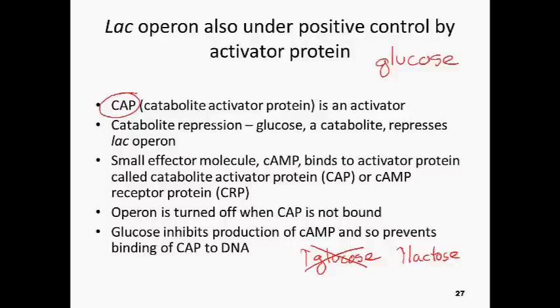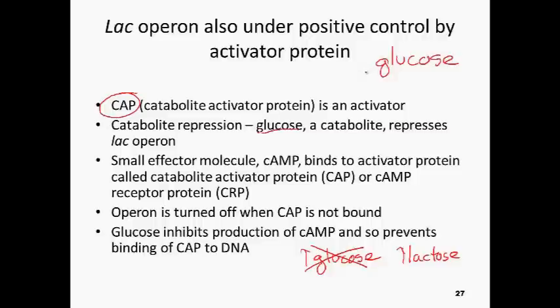See, there's catabolite repression that occurs here because as we said, when glucose is available, we don't want the lac operon to be on. So glucose-rich conditions function to repress the lac operon, but not through glucose itself. It's through a small effector molecule called cyclic AMP, the same cyclic AMP we've seen in cell communication. It turns out that there's an inverse relationship.